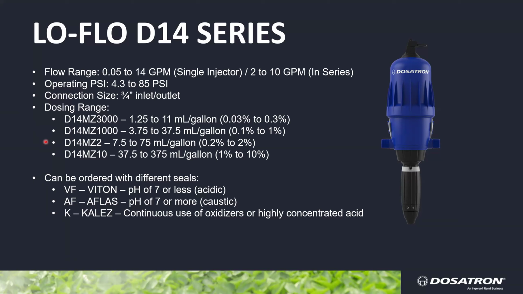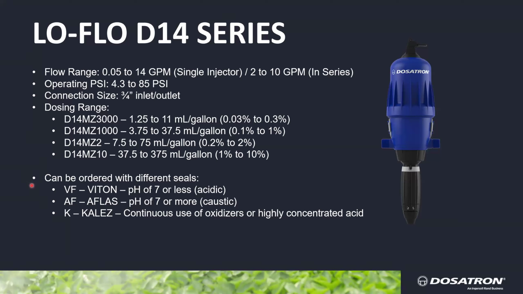From there, we move to a D14 MZ2, which is 7.5 to 75 mil per gallon, or 0.2 to 2%. And then finally, we have a D14 MZ10, which is 37.5 to 375 mils per gallon, or 1 to 10%. So through the 4 different models of dosers in the D14 series, we can do anywhere from 1.25 to 375 mil per gallon.